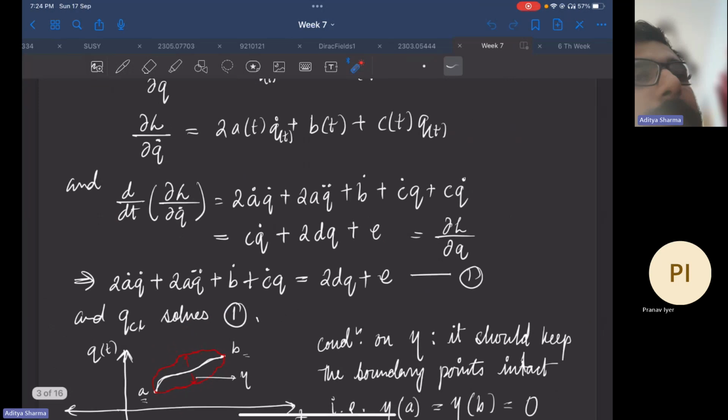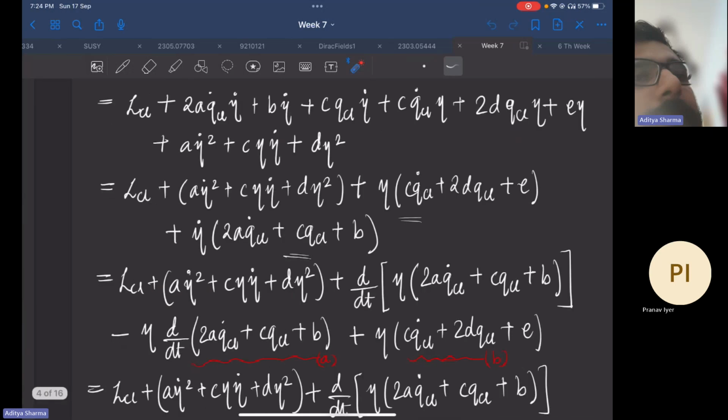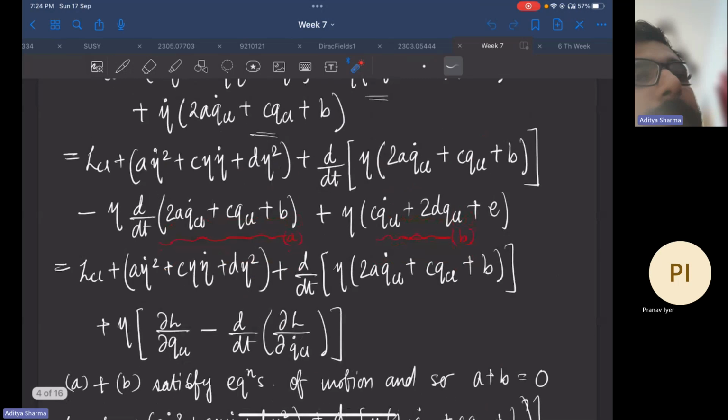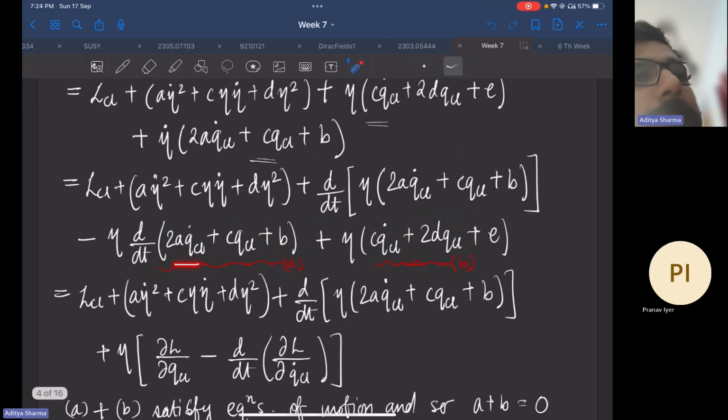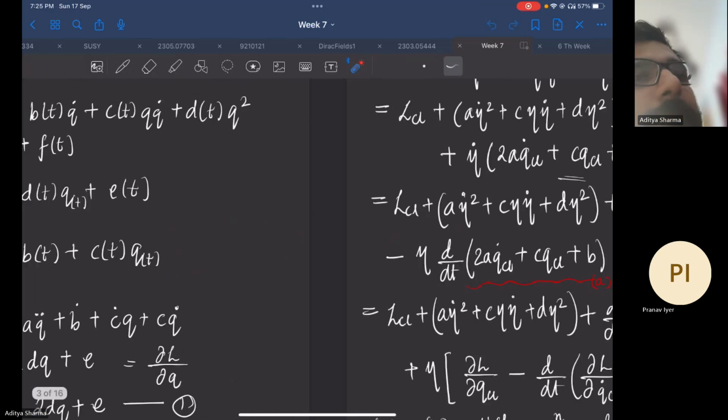It was 2a dot q dot plus 2a q double dot plus c dot q plus c q dot plus b dot, and you're going to see the same thing here.